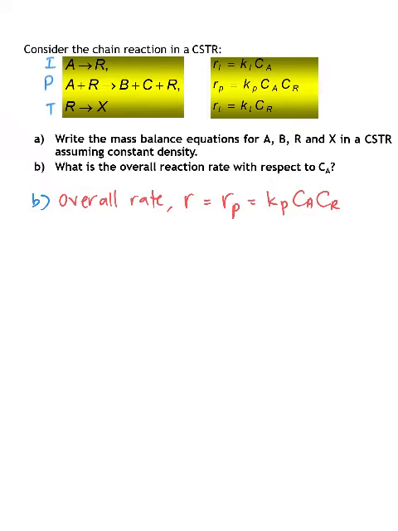Then we need to eliminate the term CR, because the concentration of the radical species is very small. So how to eliminate the term CR? First, again, we need to write the mass balance equation for the radical species.